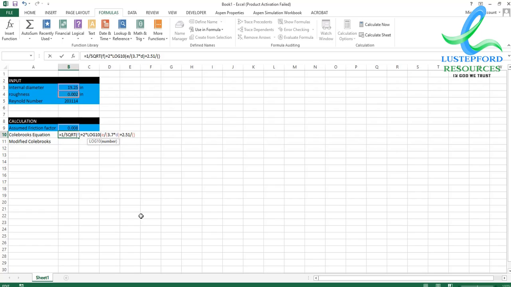In here is the Reynolds number times the square root of F, the square root of F, bracket close.